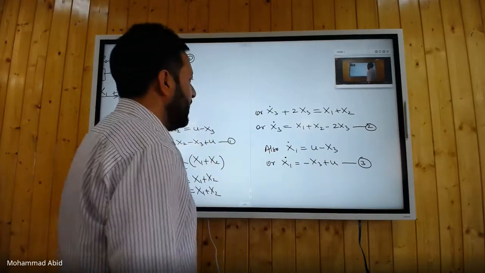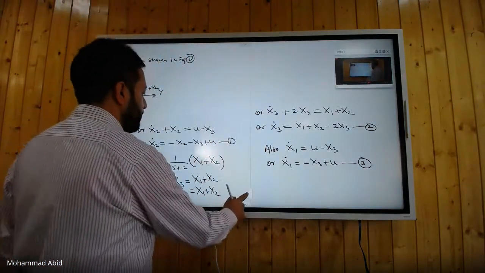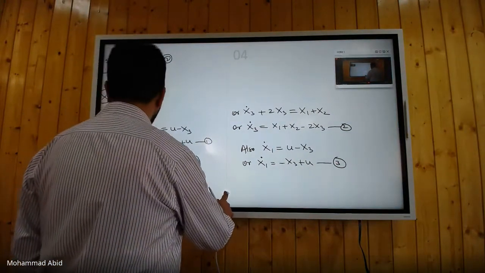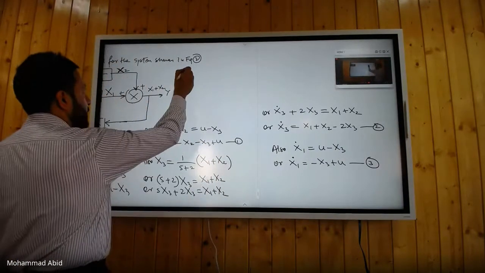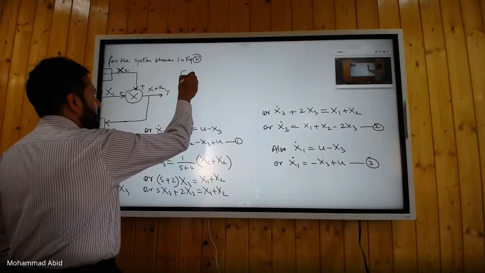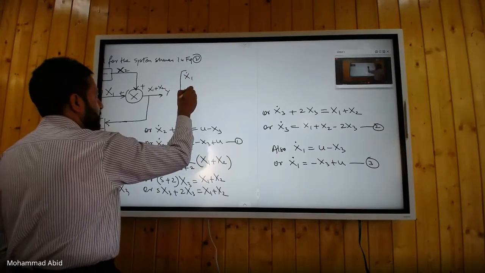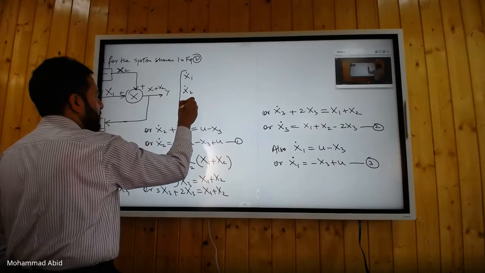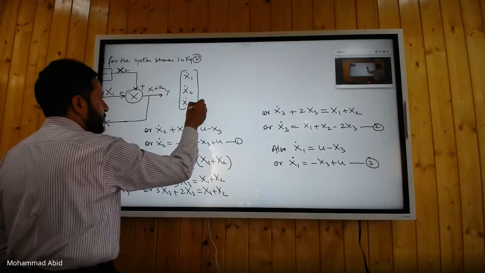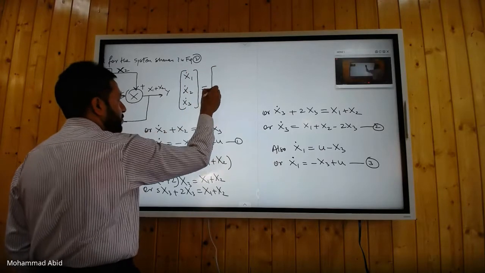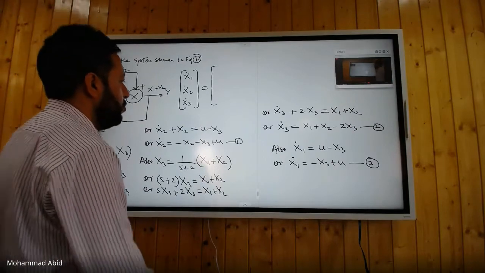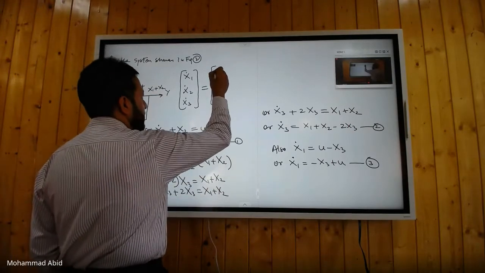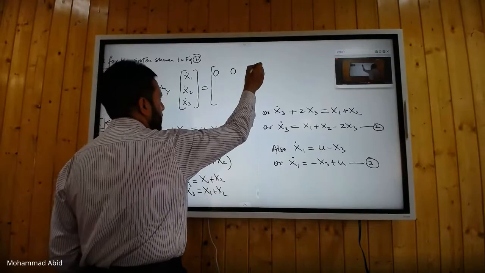Now these three equations I can write down in matrix form. I have x1 dot, x2 dot, and x3 dot is equal to, see, first x1 dot is minus x3 plus u. How will we write it? 0 0 minus 1, right?